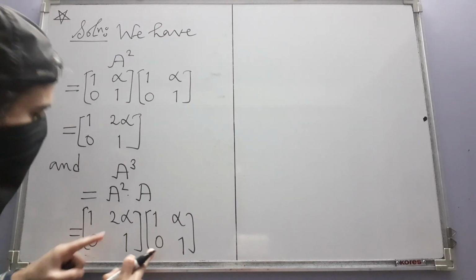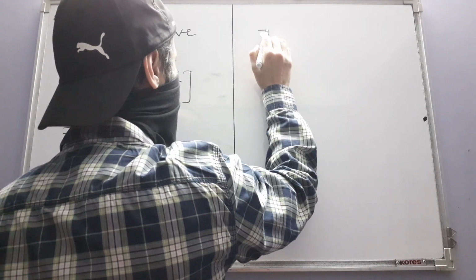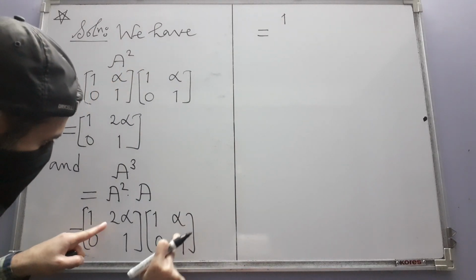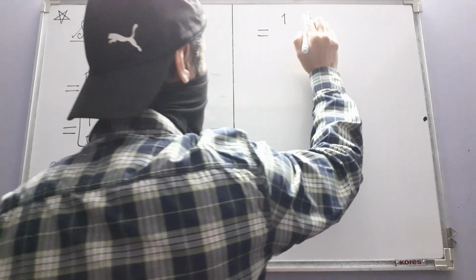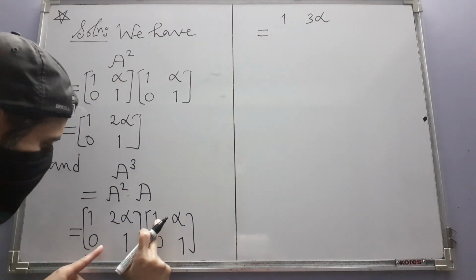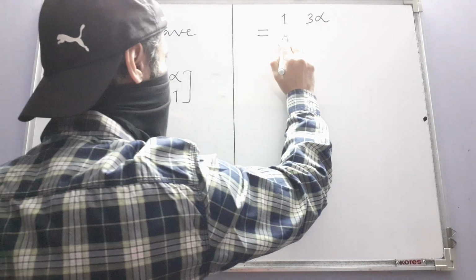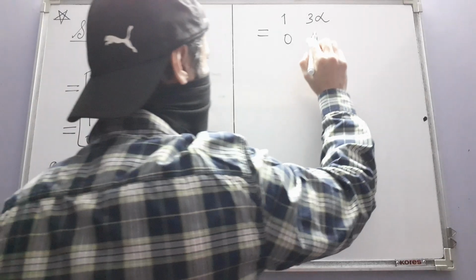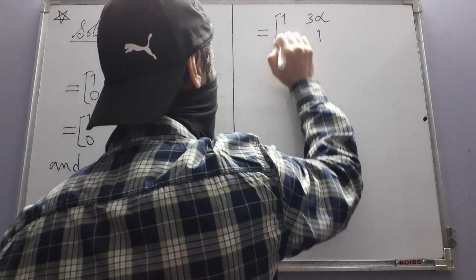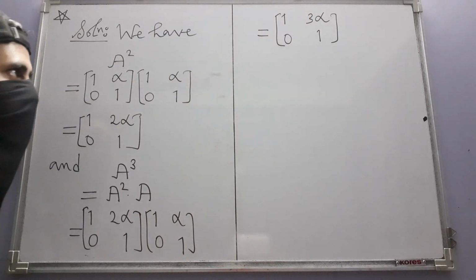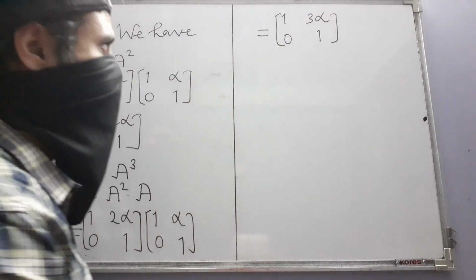One plus 0, 1. Alpha plus 2 alpha, 3 alpha. 0 plus 0, 0. 0 plus 1, 1. So here also the exponent 3 appears as the coefficient of alpha.